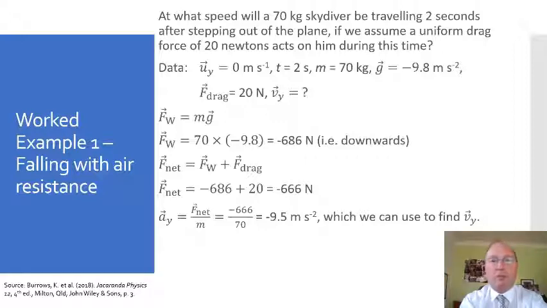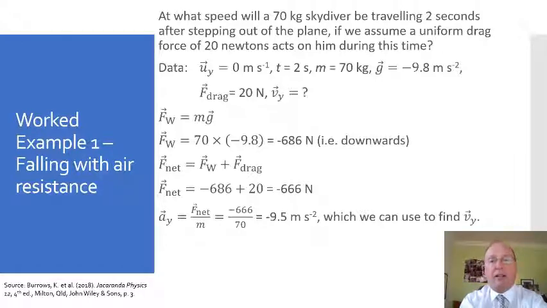Now we'll substitute that into ay equals Fnet on m, which equals negative 666 over 70, which equals negative 9.5 meters per second squared. In other words, the skydiver is accelerating downwards with an acceleration of 9.5 meters per second squared.